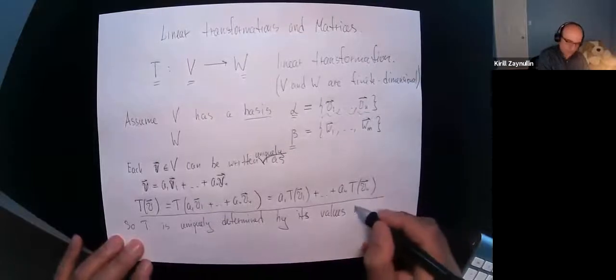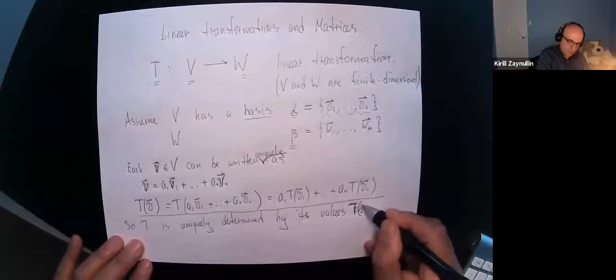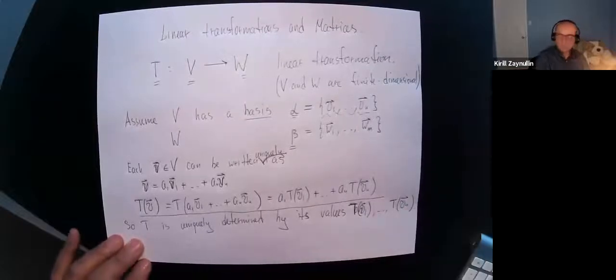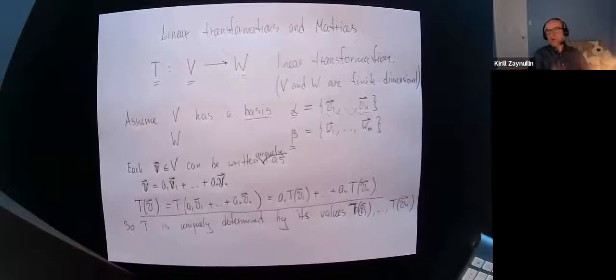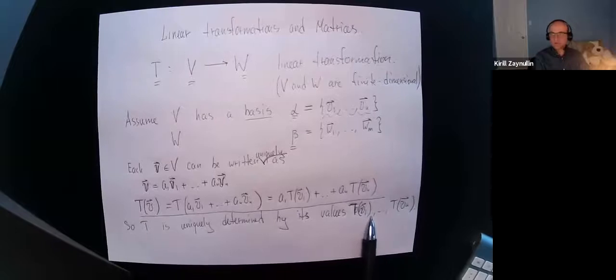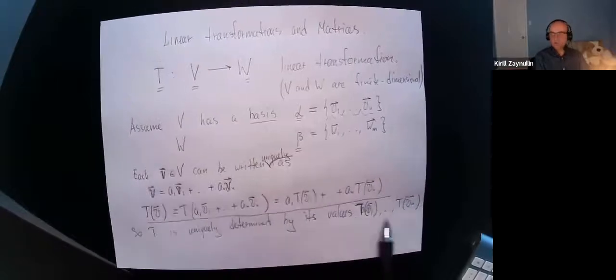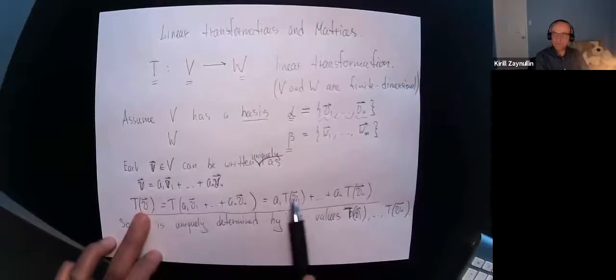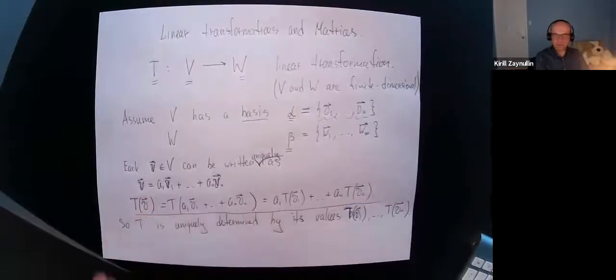I can even write it T v1, and so on, T vn. So in order to define a linear transformation, you can just say what those values are. And then you can restore any other value using this formula, using this presentation.